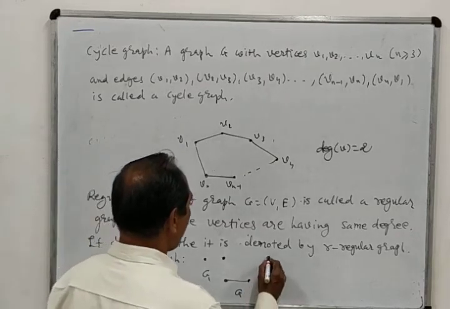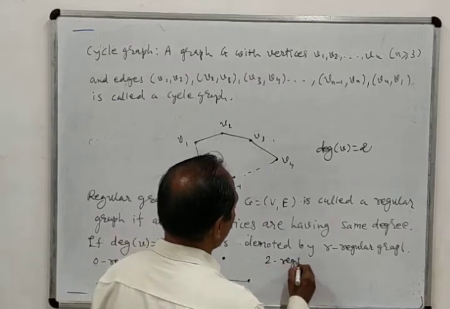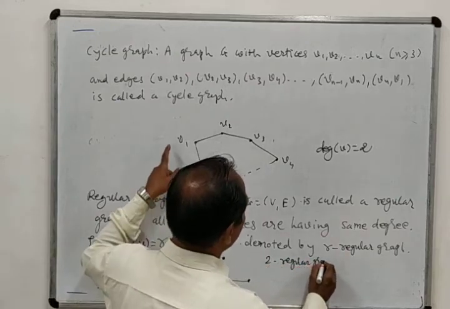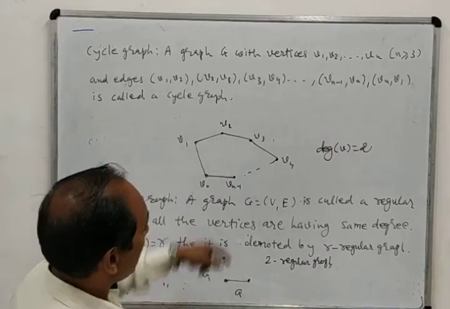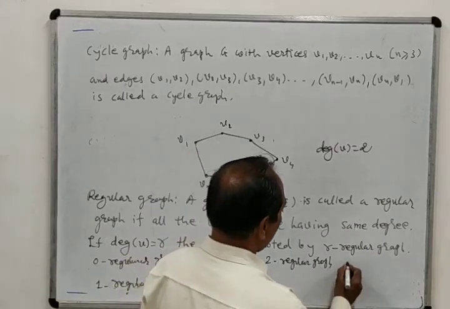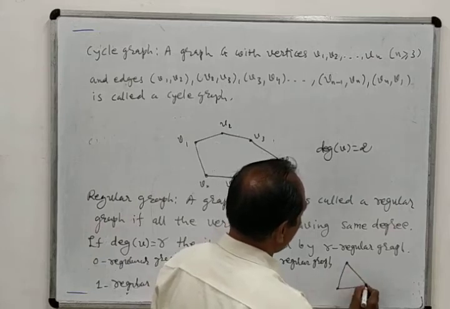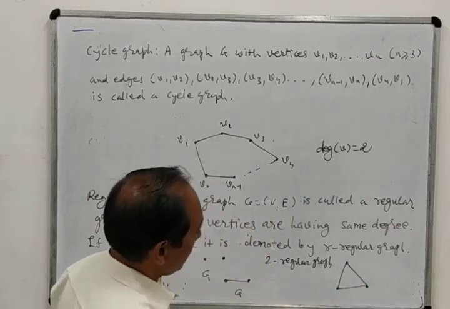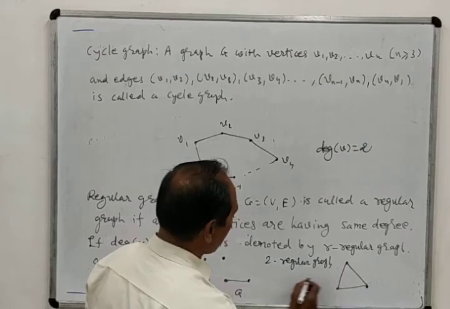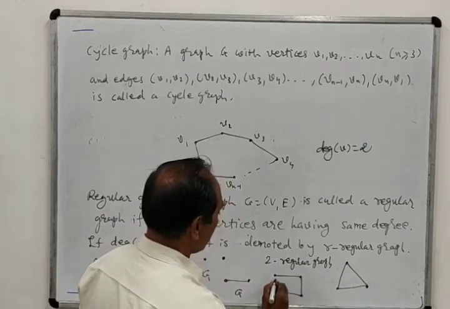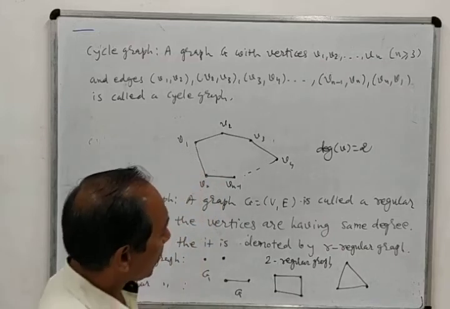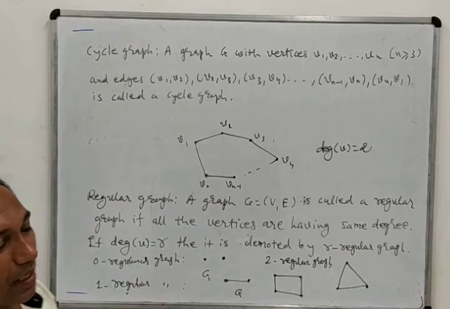Then 2 regular graph. Here you can see that this is a 2 regular graph. If I consider 3 vertices, then this is a 2 regular graph because the degree of each of the vertices is 2. This is also a 2 regular graph with 4 vertices, because 2 regular graphs are cycle graphs.